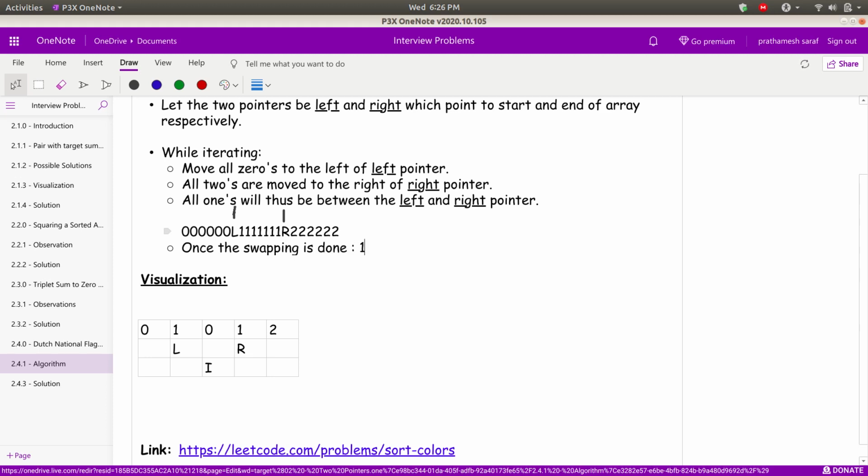That is, either at that position 1 will be there, or at that position 0 will be there, right? Because either 1 or 0 you are going to swap with 2, right? So you need to check again, so as to maintain the constraint for the left and the right pointer.